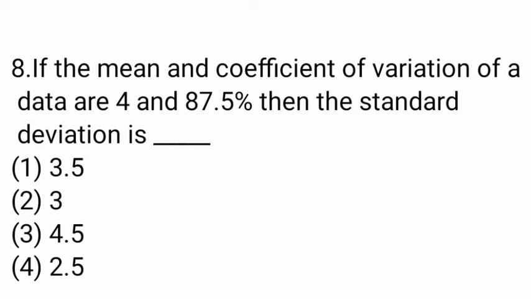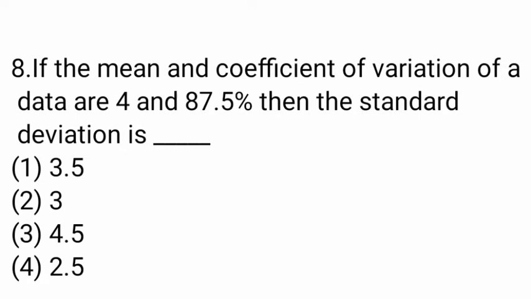Can you understand? Eighth question: if the mean and coefficient of variation of a data are 4 and 87.5%, then the standard deviation is: first option 3.5, second option 3, third option 4.5, fourth option 2.5. The mean and coefficient of variation are given. The mean value is 4, CV value is 87.5. Find the standard deviation. What is the formula? CV equals sigma divided by x bar into 100.